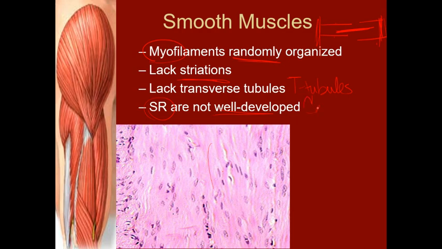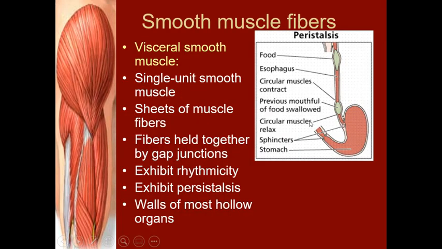And remember, this is where the calcium is. Just because they're not well developed and they don't have the T tubule in particular doesn't mean they don't have calcium. They still need calcium and they still use calcium. All right, types. Visceral means organs. So visceral smooth muscle refers to like our digestive system, so the GI tract, right?